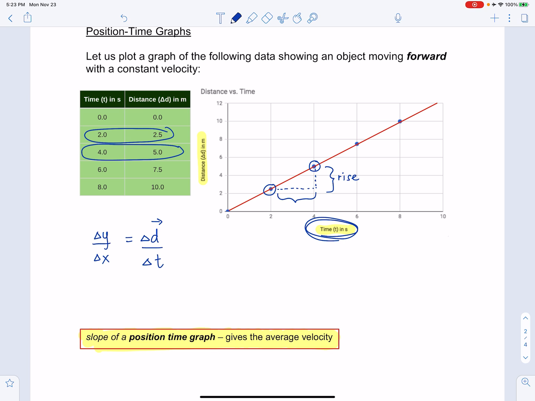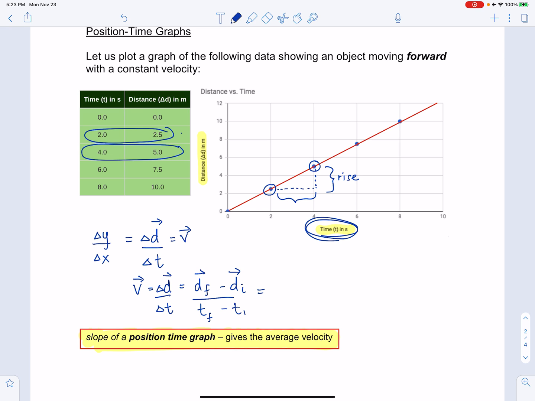Delta d divided by delta t is the equation for velocity. So we can find the velocity by finding delta d divided by delta t. Delta d means the final position minus the initial position over final time minus the initial time.